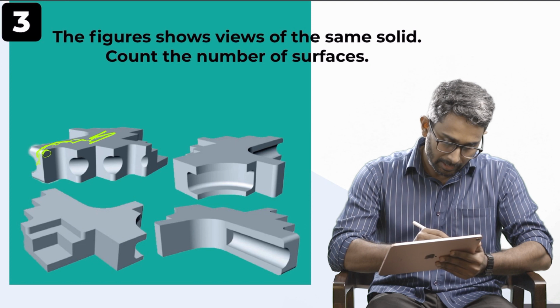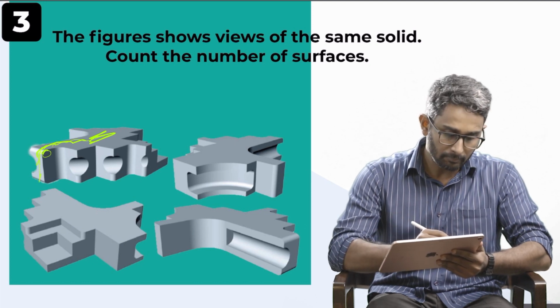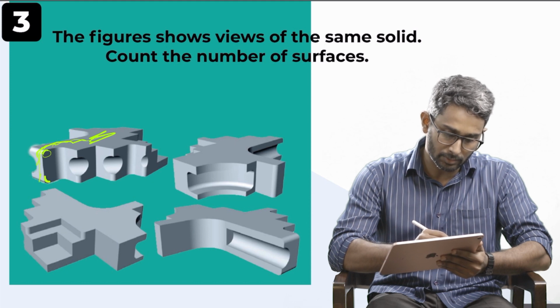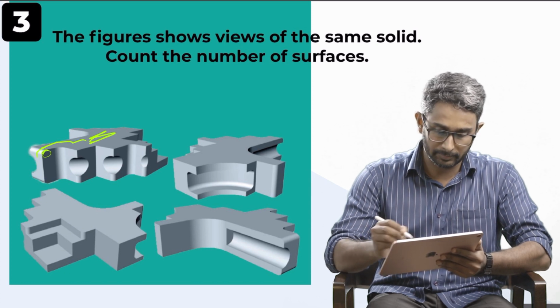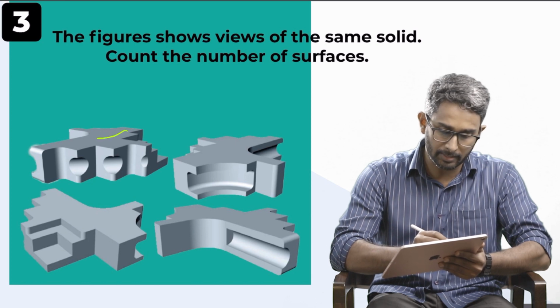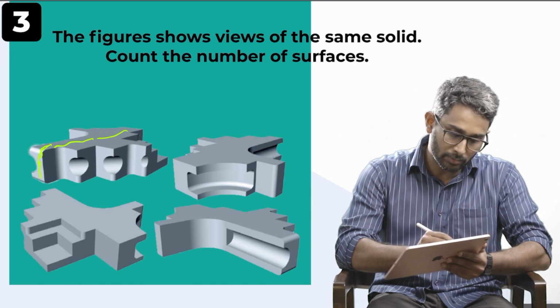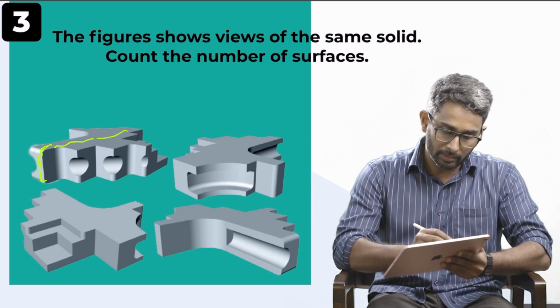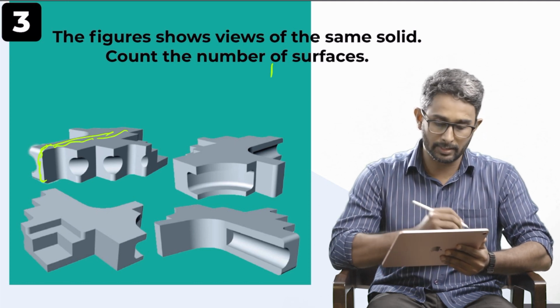Similarly, if you continue from here to here, there is one more curvature over here. So the top surface is starting from here, and it is continuing towards the side, and it is also continuing towards the bottom side as well. So the whole surface should be counted as only one surface.